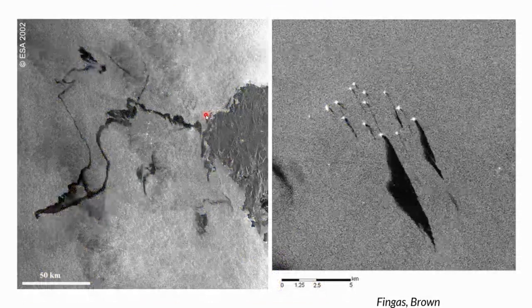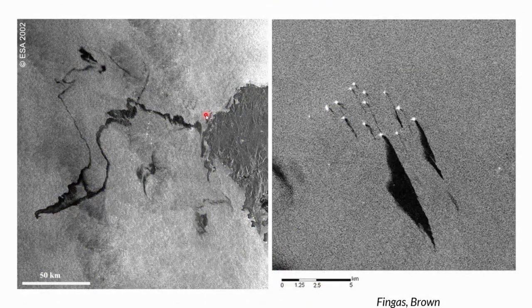Or another way to use radar images for something related to water. That's actually water, that's some land, that's also water. These bright spots are some drilling platforms, metal constructions, so they are bright.